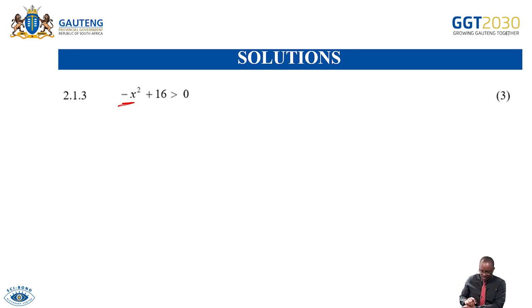So the first thing that we are going to do before we can calculate the critical values is to make sure that our leading coefficient is positive. By doing that, you just divide everything by negative 1. So we're going to have positive x squared minus 16. Then the inequality sign, the minute you divide by a negative, the inequality sign changes. Now it's greater than, then it will be less than 0.